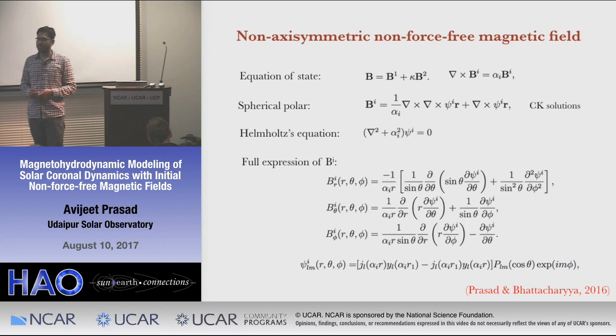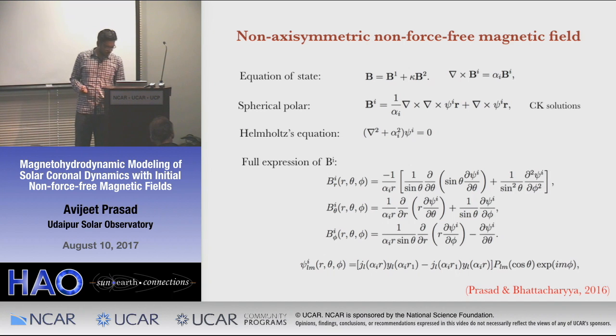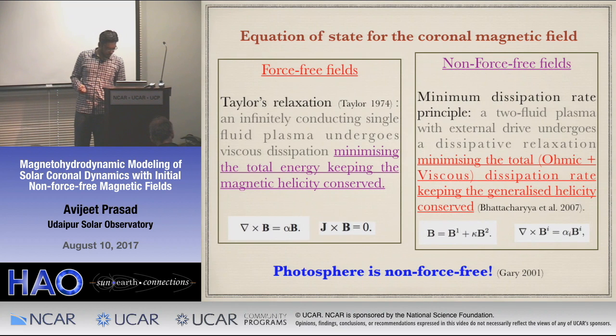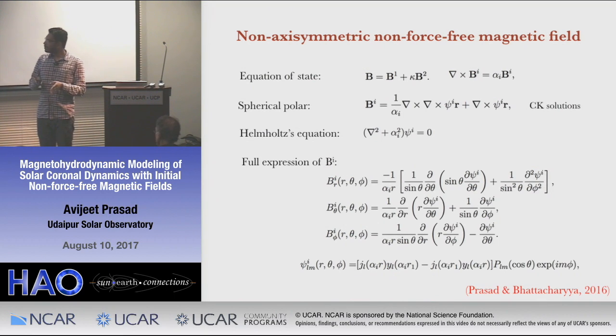That's it. Who discovered that? Okay, I'm not sure of that. It was in this paper. But there were other papers also where you can add a potential field also, and it will still remain.